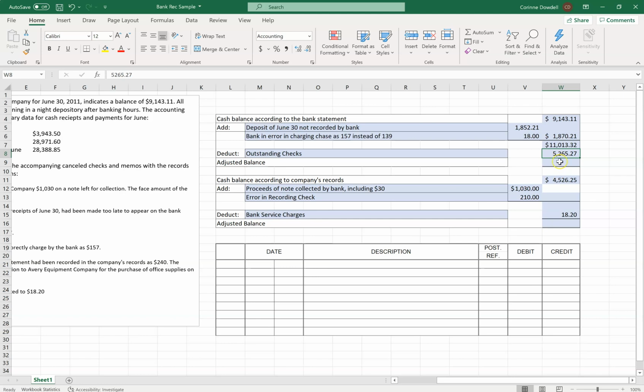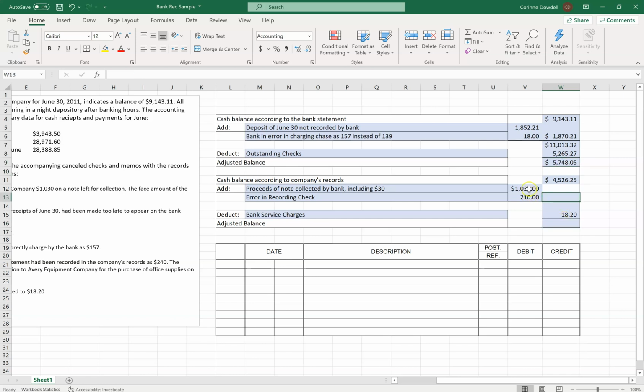And then we subtract out this outstanding check that we know somebody is going to cash. So we have a bank balance of $5,748.05. Now, if we did this correctly, this is going to match what we're going to get down here.